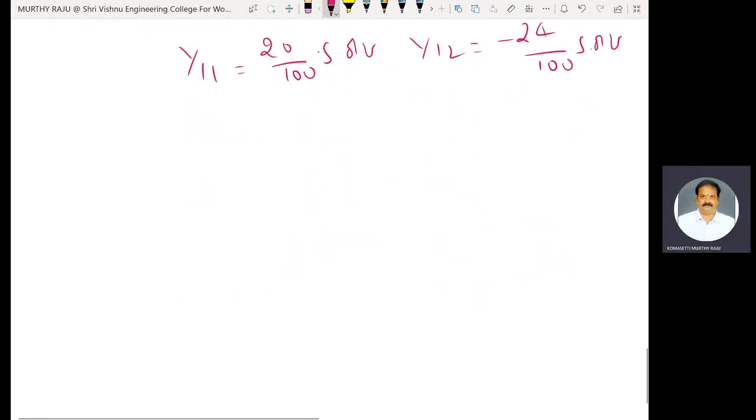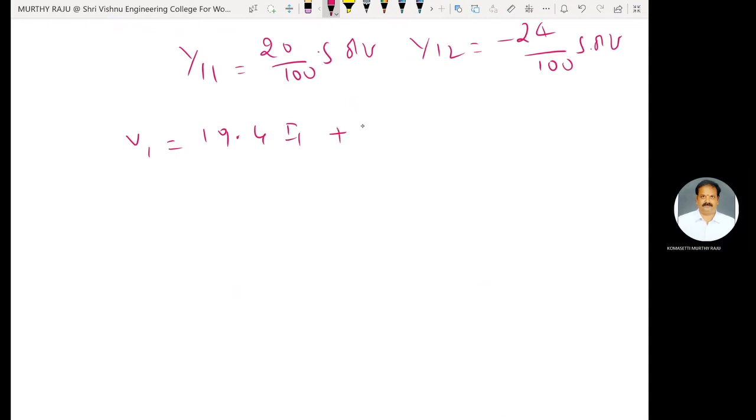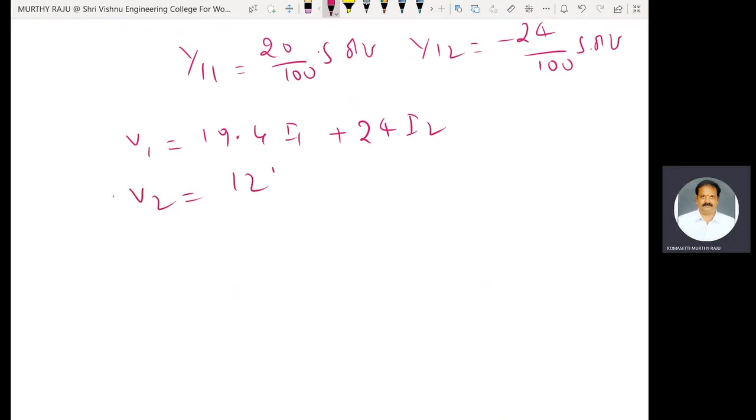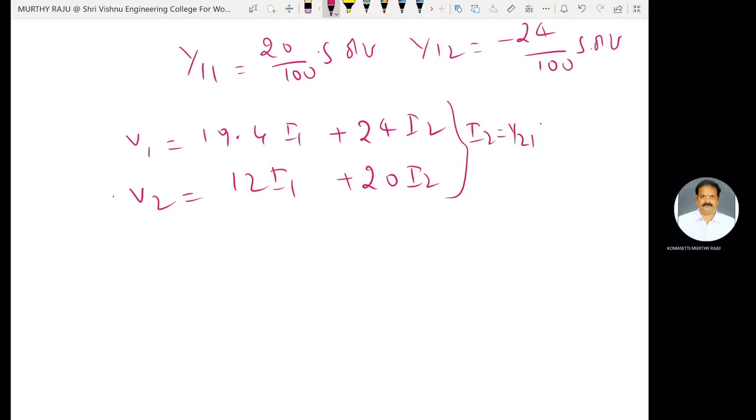Again, V1 is equal to 19.4 I1 plus 24 I2. V2 is equal to 12 I1 plus 20 I2. Now, convert these two equations into the form of I2 is equal to Y21 V1 plus Y22 V2.